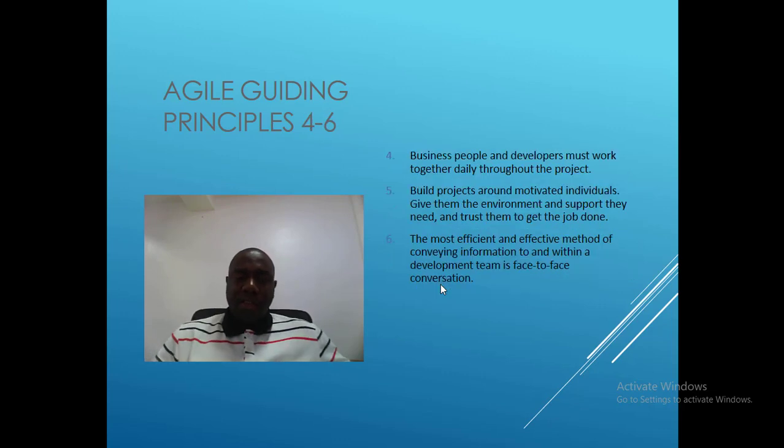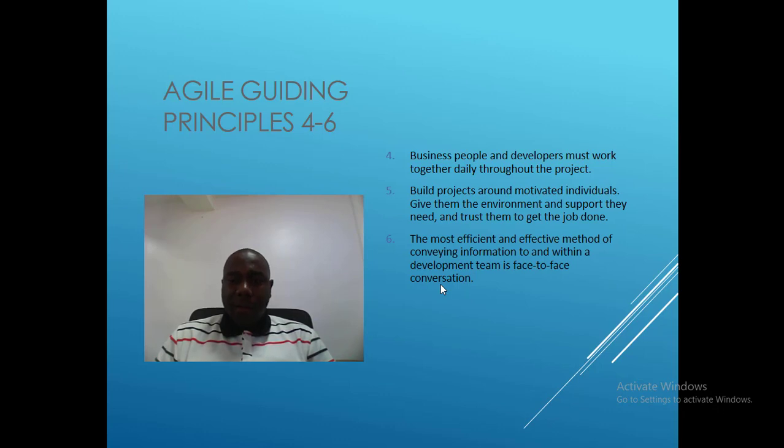So the next 3 principles: business people and developers must work together daily throughout the project. Agile lays emphasis on one-on-one interaction and day-to-day interaction. Build projects around motivated individuals.